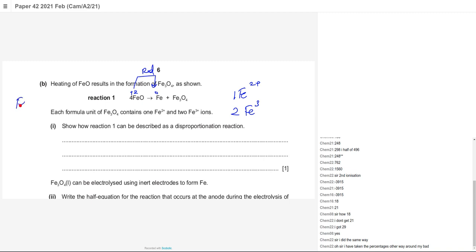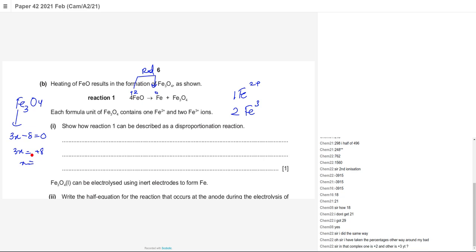And let's analyze the oxidation number of iron in Fe3O4. I take each iron as X, so it's 3X here. 3X minus 8 equals 0. Why minus 8? Because each oxygen is -2, and -2 times 4 is -8. So 3X equals +8. X is 8 divided by 3, so it's 2.6.